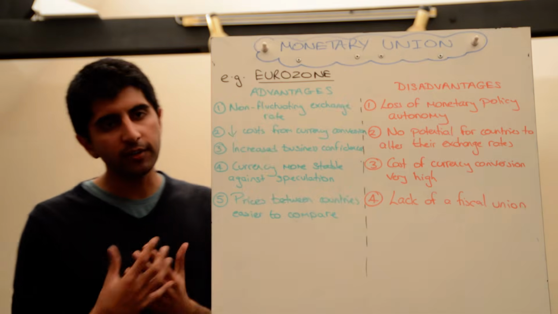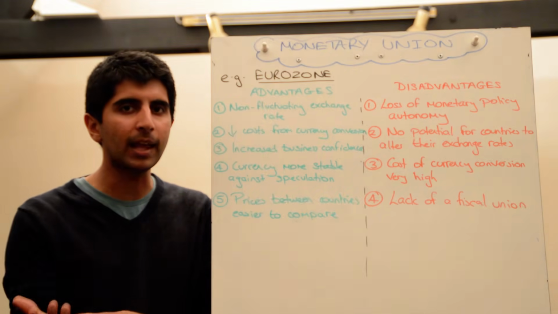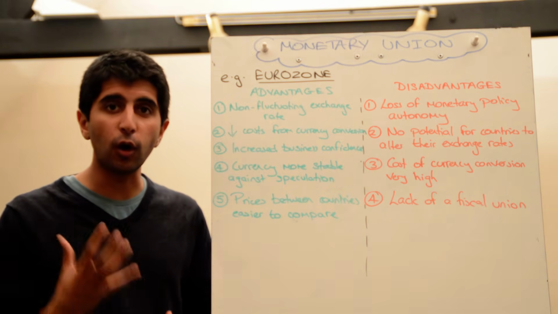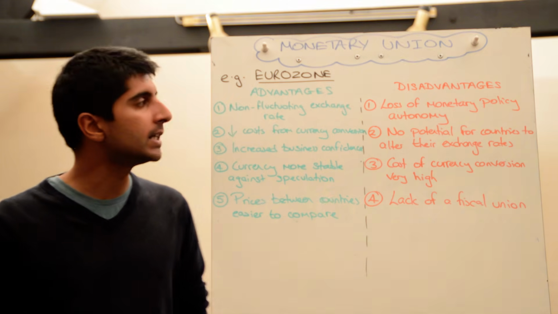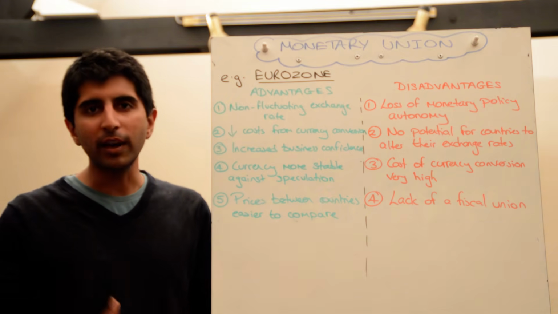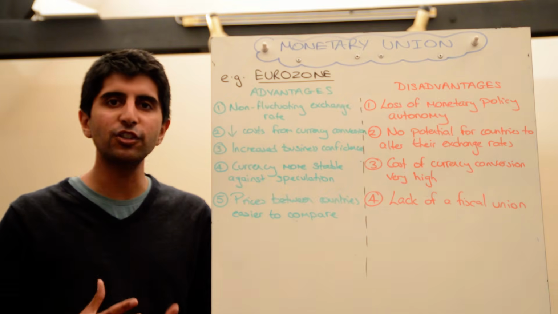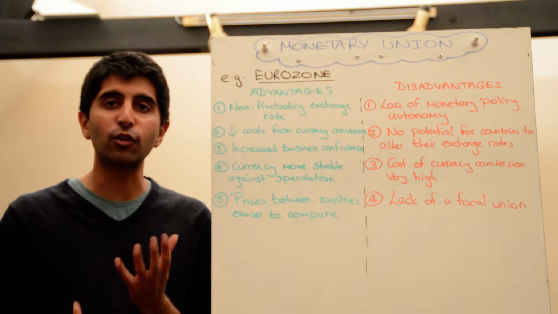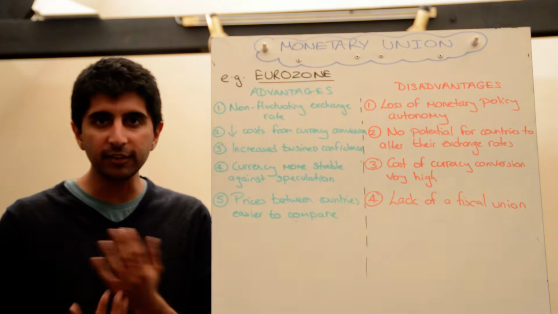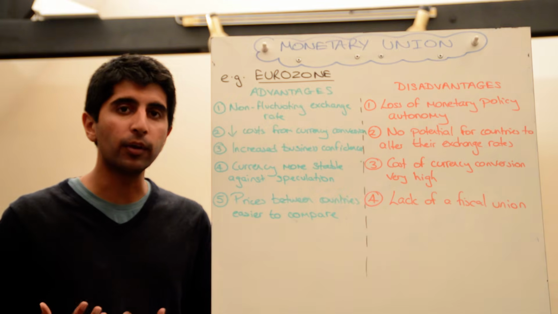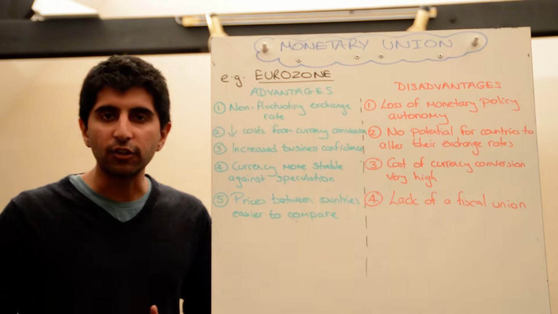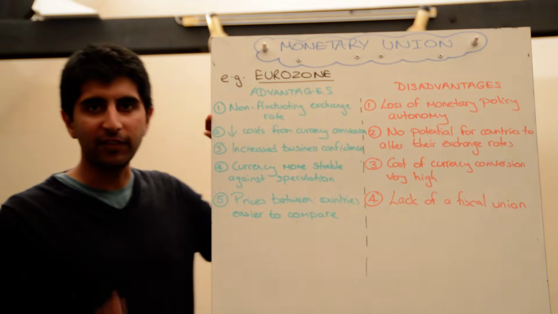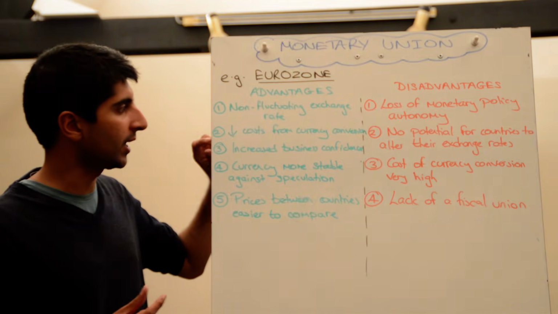So by coming into the euro and adopting a much more stable currency, a currency where foreign investors have far more confidence in it to hold its value, to reflect purchasing power parity, then there is a greater chance of more stability in a nation, of greater business confidence, of greater investment, and especially of greater international trade. It becomes much easier to trade, to export and to import with other nations if other nations can trust that your currency is going to hold its value. That's a huge benefit, the trade benefits that come from a non-fluctuating exchange rate.